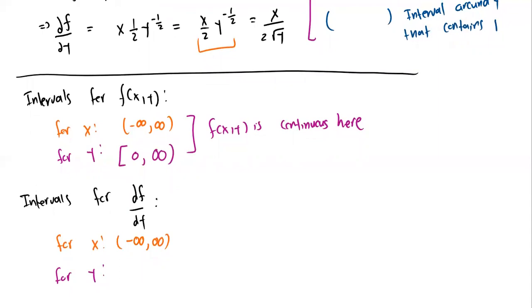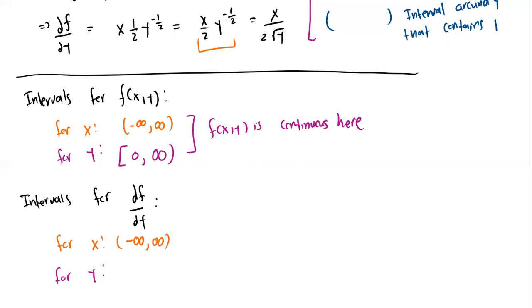So what's going on here? Not only are we taking the square root of y, but we're dividing by that. The square root of y restricts our domain: y has to be greater than or equal to 0, since you can only put non-negative inputs in the square root. But we can't include 0, because if y equals 0, 2 times the square root of 0 is 0, and we would be dividing by 0.